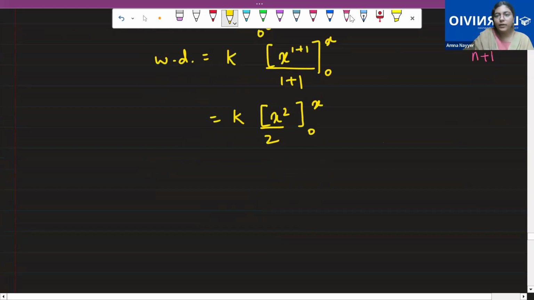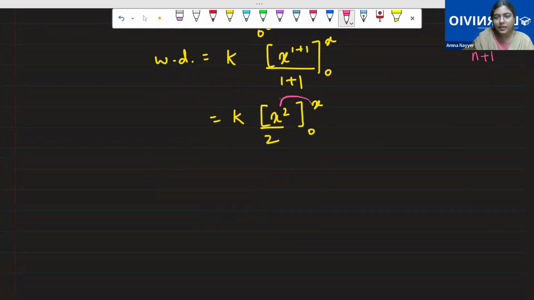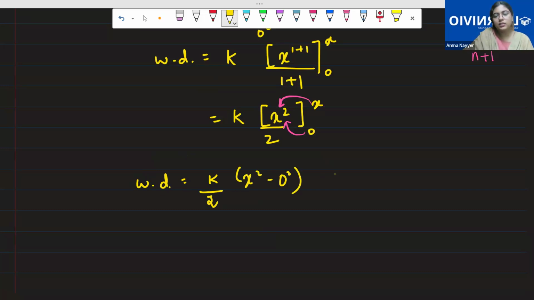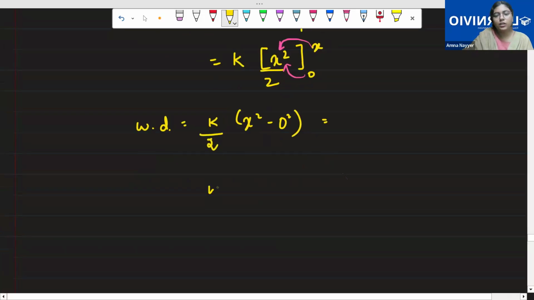Now what we do, we put the upper limit x in place of x, and then minus the lower limit. So work done will be k by 2 times x square minus 0 square. So work done is equal to half k x square.